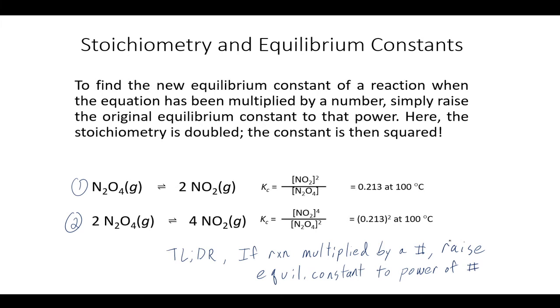Here we took reaction 1 and multiplied it by 2, so we're going to take Kc of 1 and raise it to the second power to get my new Kc of reaction 2. The same will be true if you're dividing. Just think about multiplying by a fraction. If I'm going from 2 to 1, I'm multiplying by 1/2, so I better raise the Kc of this to the 1/2 power.